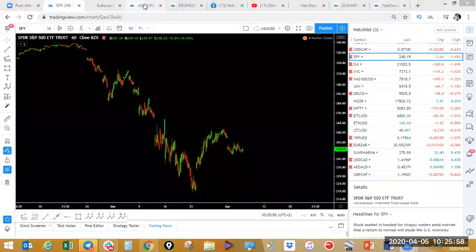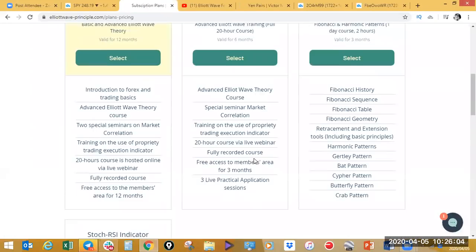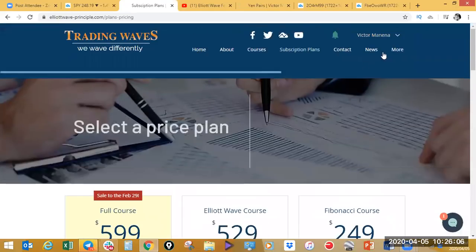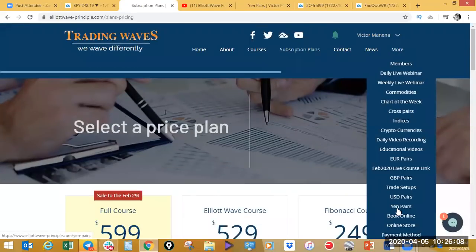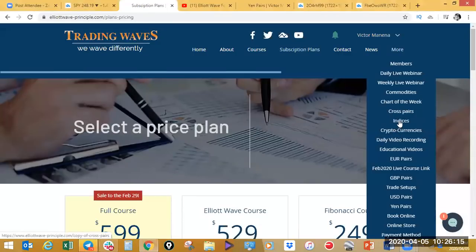Let's close all of this. Let's go to the indices, so we can look at this from the side.